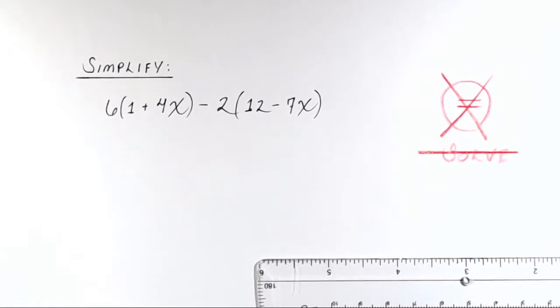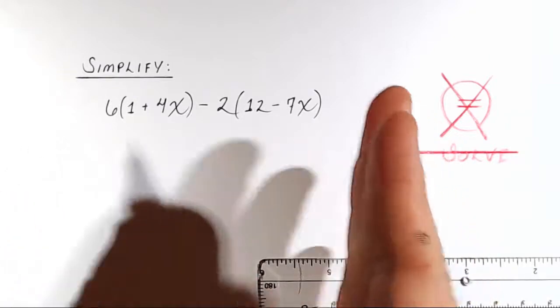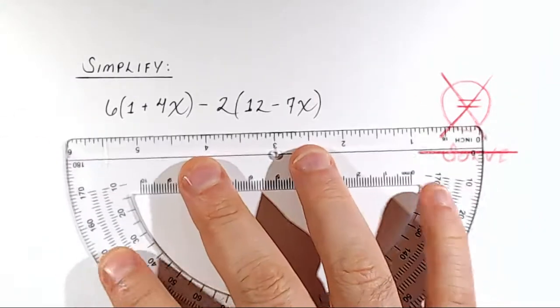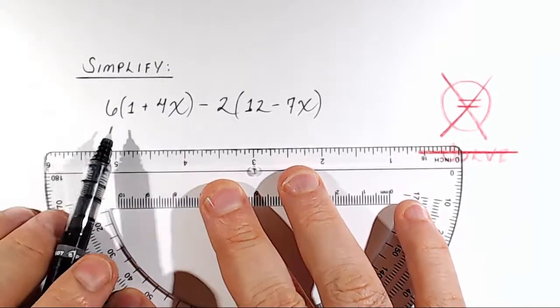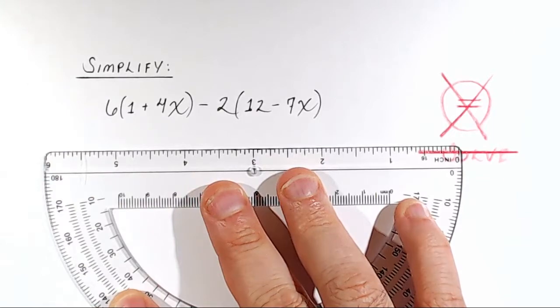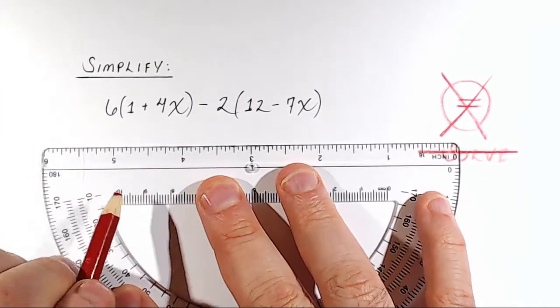We're just simplifying. So here's the good news. We're going to follow the same steps that we do when we solve, but since there's no equal sign to deal with, it's like the whole problem is on one side of the equal sign. So it actually makes things simpler. So let's see what we got. We've got basically two different distributive problems that we're going to work with.